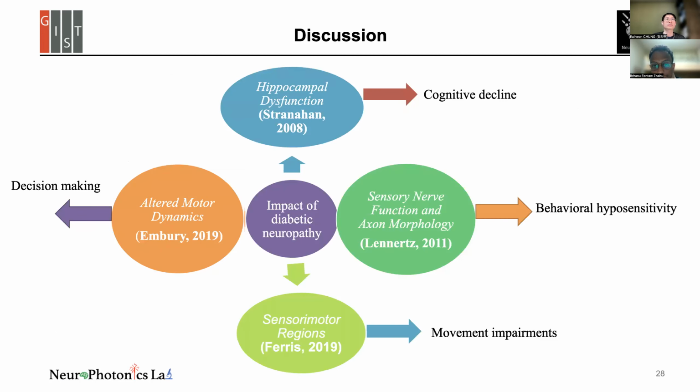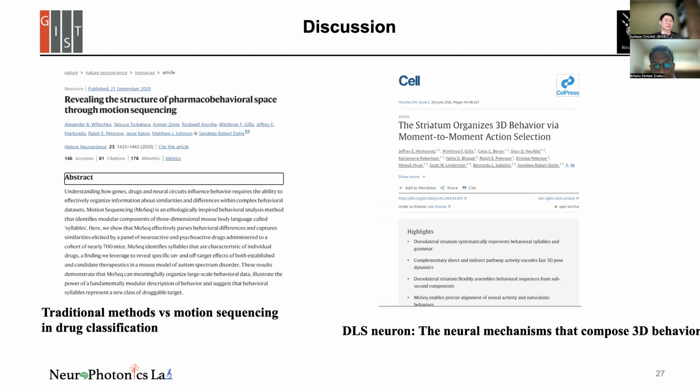I think your literature review should actually explain at least one full nice slide with the motion sequencing so that people understand what you are actually based on. Because the limitation is only segment crossing and rearing number, that's very limited, total distance traveled.